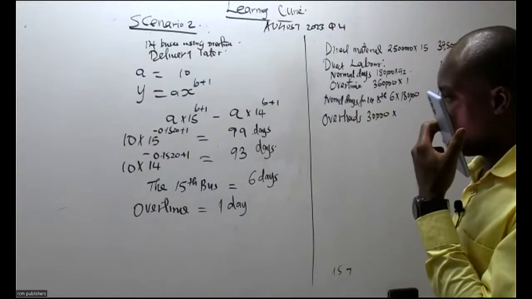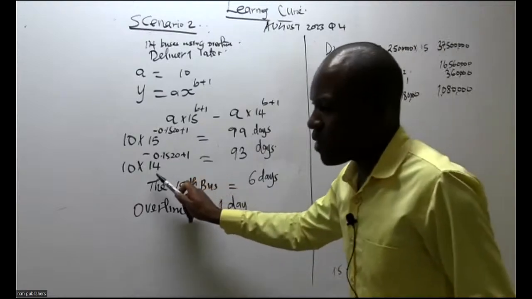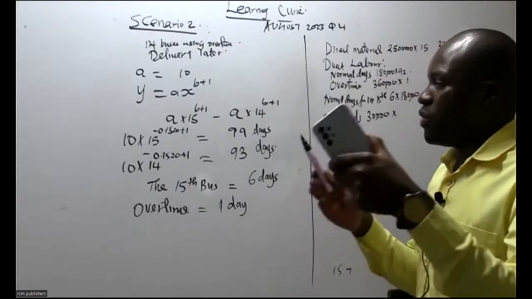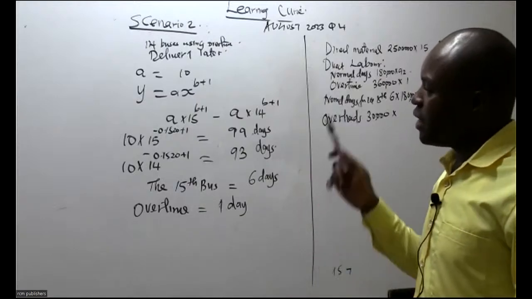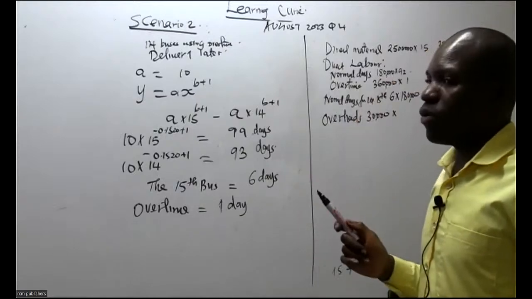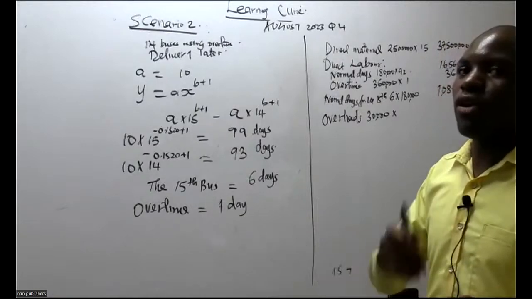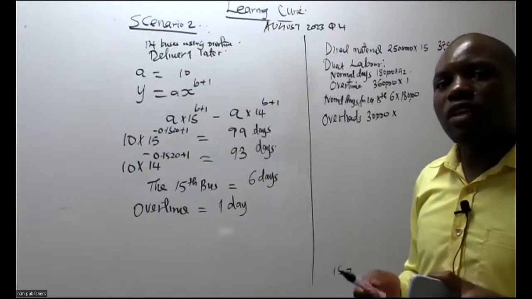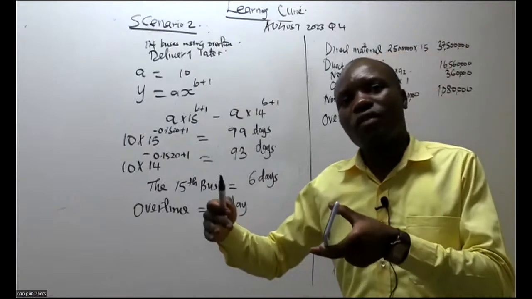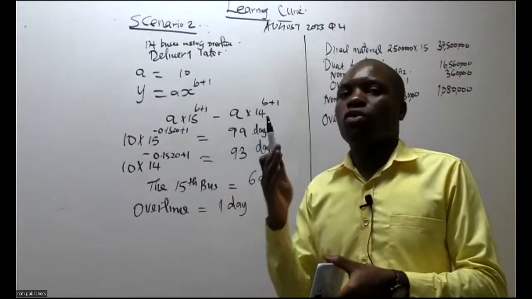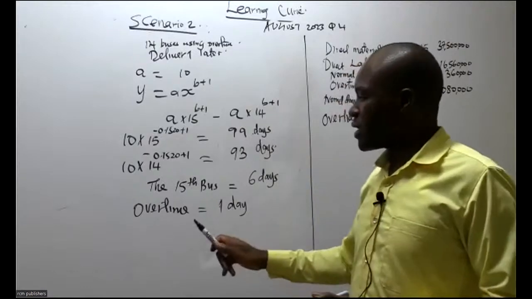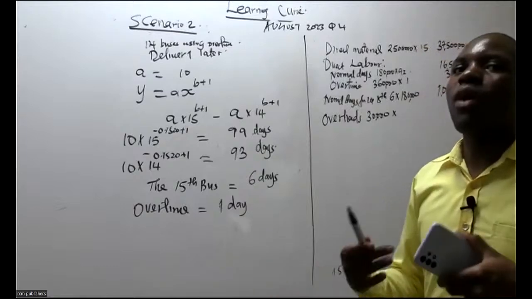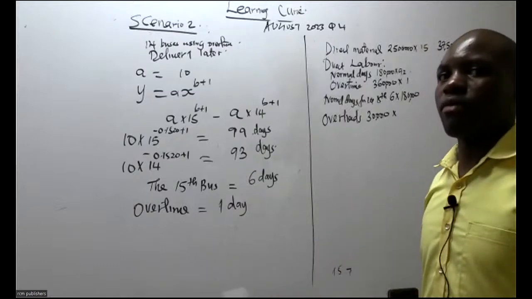But this person has said, the first 14 buses, I will work overtime and deliver them within that particular time. But the extra bus, I cannot work within the deadline. So I will work beyond the deadline. But my employees will be working during their normal working hours of the day. They're going to work to produce that one bus. So the 15th bus will be produced within the normal working hours.